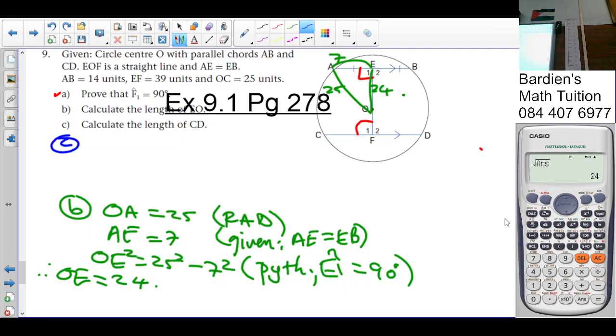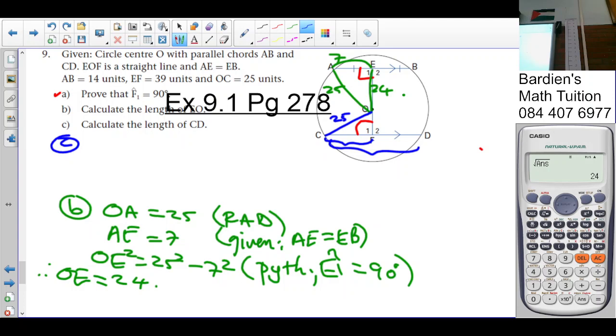Now CD is this whole length here. So I can't calculate CD. What can I calculate? CF, because I know that that is given as 25. Do I need to state it that CO is 25? No. Why? It was given to us. The only things that we state are the stuff that is not on the diagram. You guys understand? Right, so that's 25.